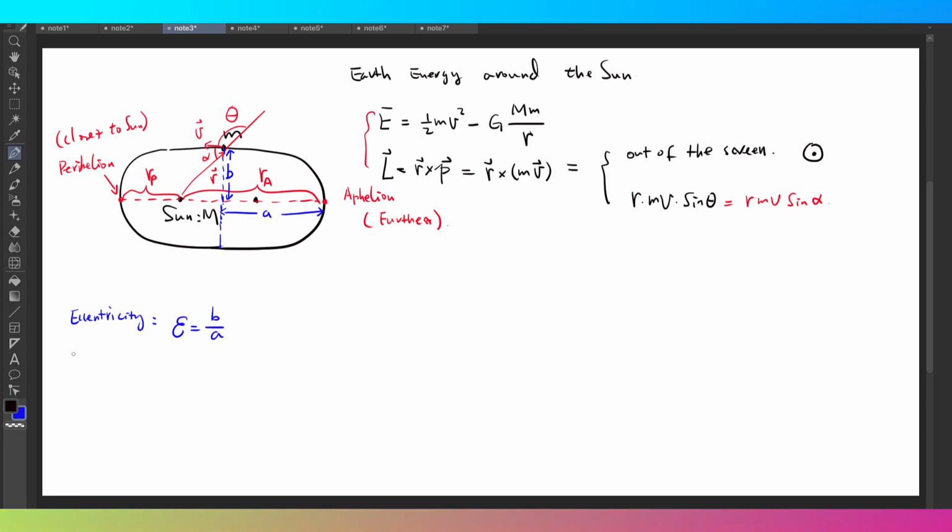And for a circle, since B equals A, right? So we have eccentricity equals 1 from that definition. But in general, for an ellipse, this epsilon is less than 1, right? So less than 1 for an ellipse.